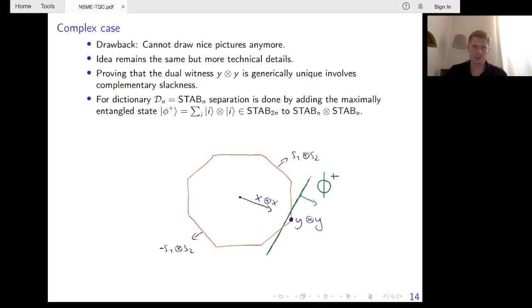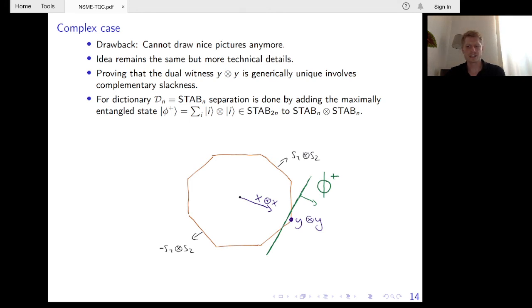And if your dictionary is the set of stabilizer states, then the word that you add to decrease the extent is the maximally entangled state. This is obviously not a product state, it's a 2n qubit stabilizer state. So here you do essentially the same, but what you add is the maximally entangled state.